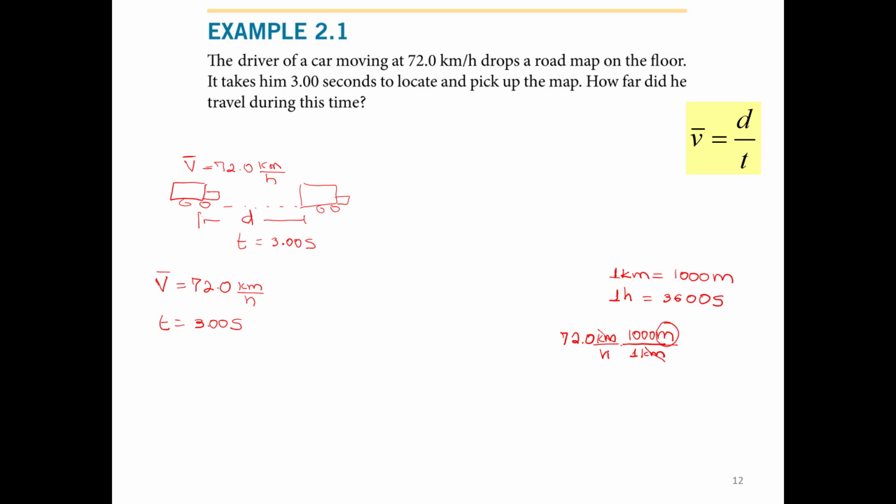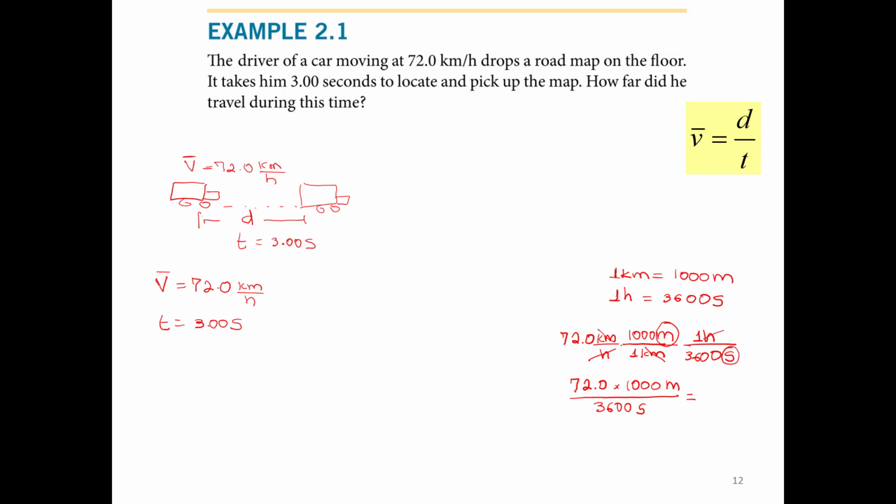The next thing, we want to convert hours into seconds. Then 1 hour, and hour must be on top. The only way we can cancel out the hours is if the answer is in seconds in the denominator. Then this cancels out, and we have meters per second. Finally, this is 72.0 times 1,000 meters over 3,600 seconds.